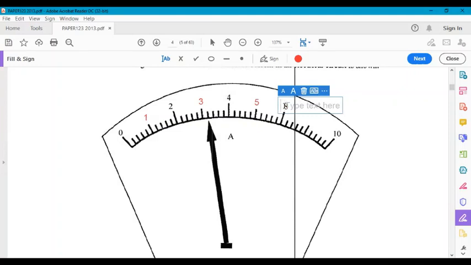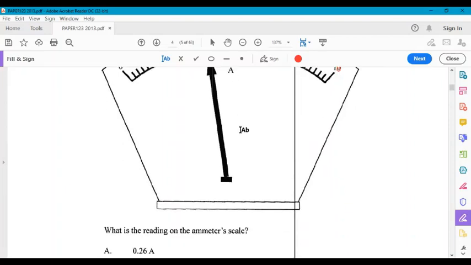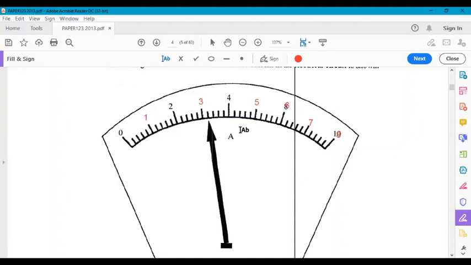And that should be 6, 7, and 8 actually. Okay, so you want to fill those in.